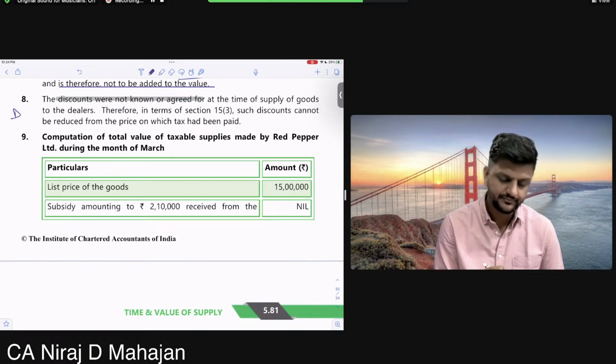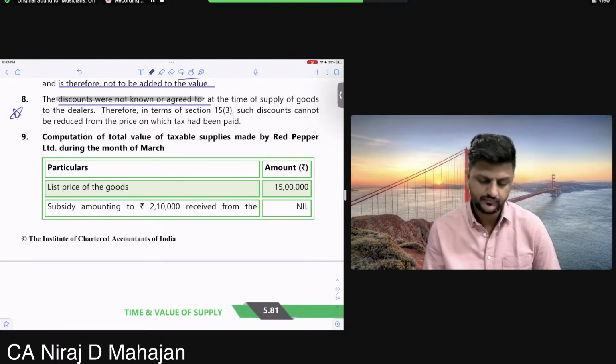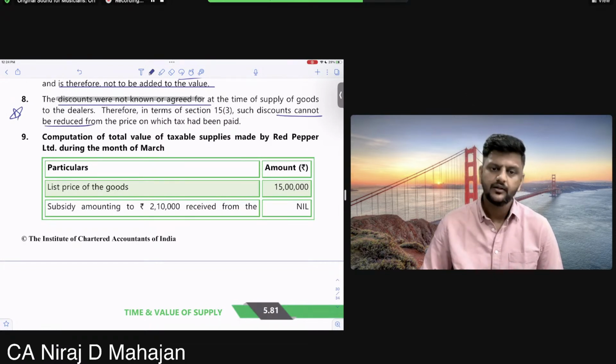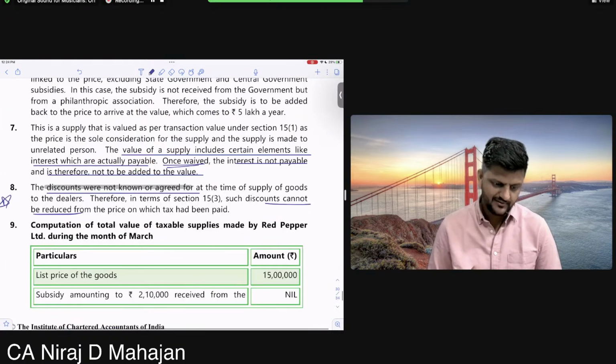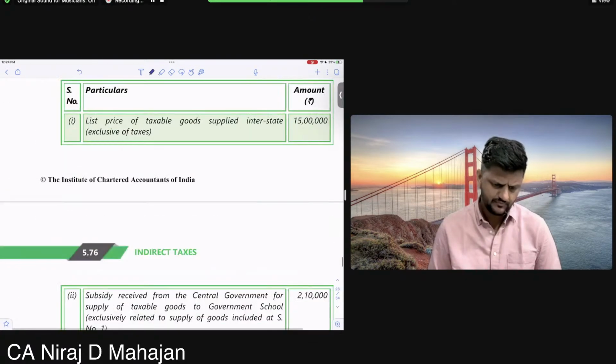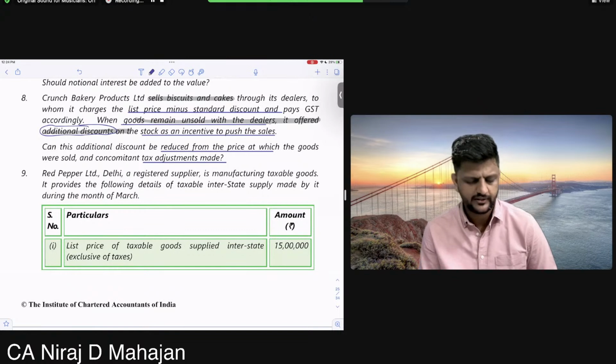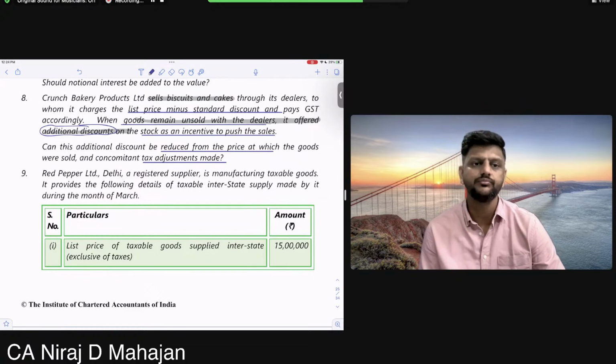Star mark this. It cannot be reduced. They should give clearly in the question, okay? It offered additional discount, so here in a way you'll have to take it that it was not known.